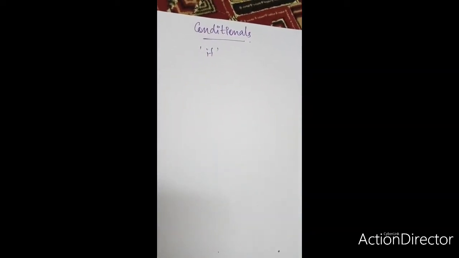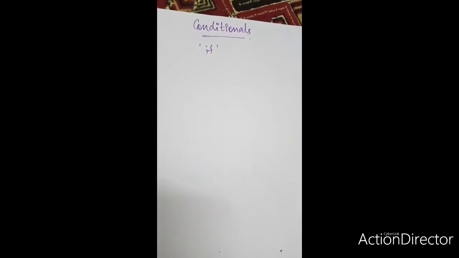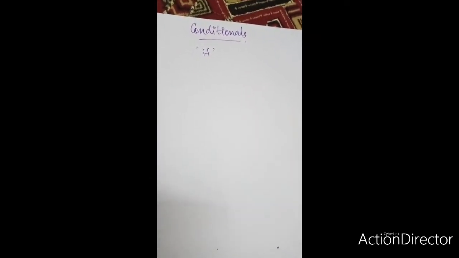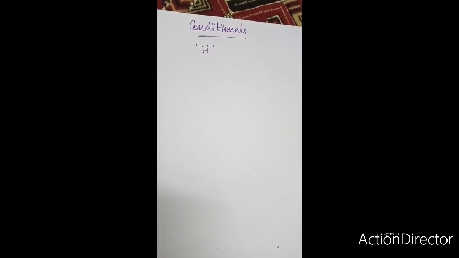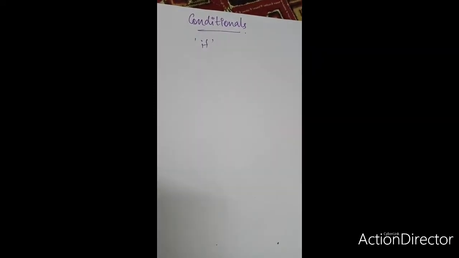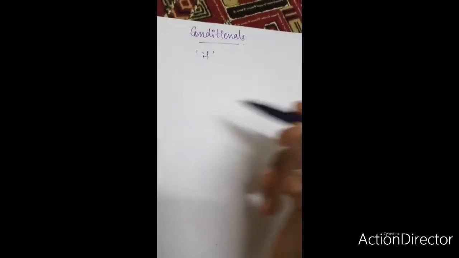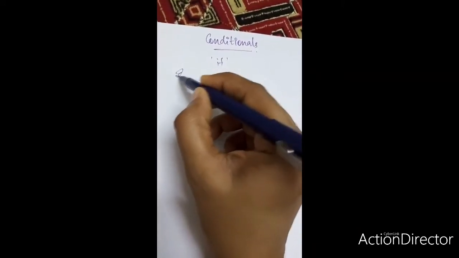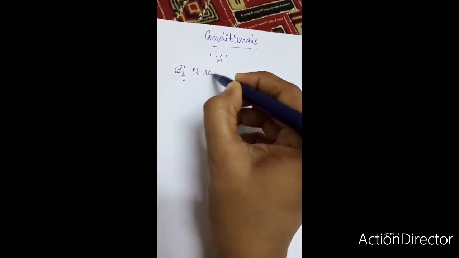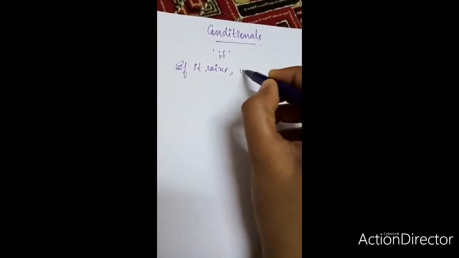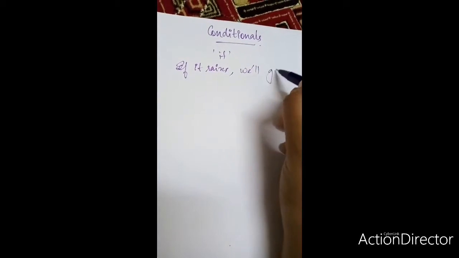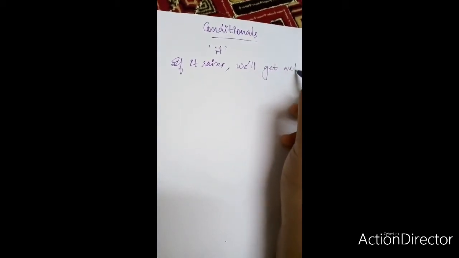So there are always two parts to a conditional sentence. One part beginning with if to describe a possible situation, and the second part which describes the consequence. For example, if it rains, we'll get wet.